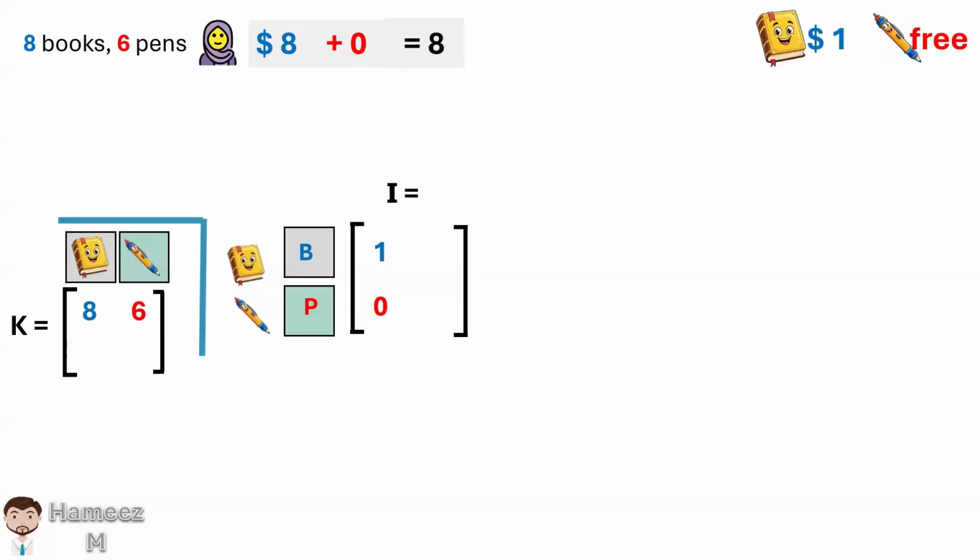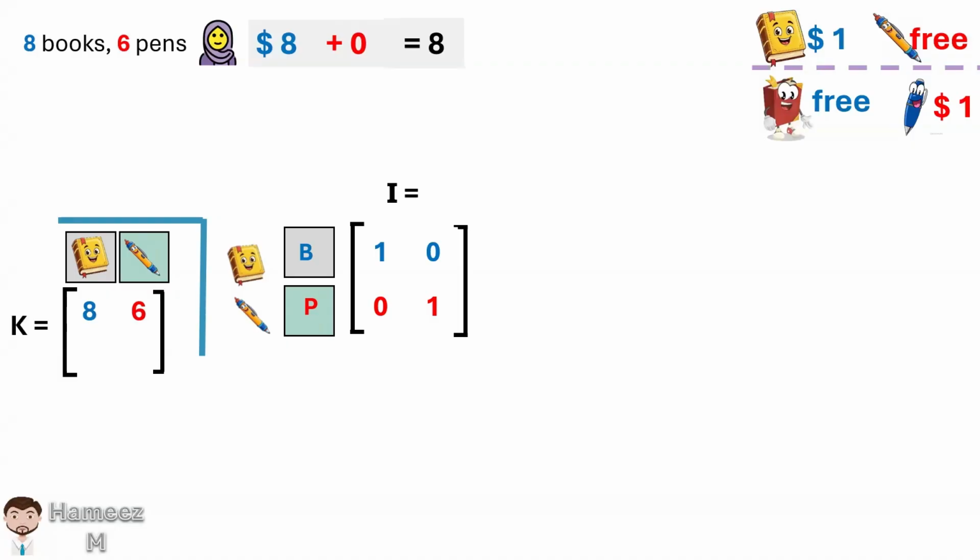Now let's consider if we had a second bookstore. Then in that bookstore, they had a special where the books were free and the pens were not. They were $1. Then we could put it in here so that in terms of cost, we actually have a 1001 matrix, which is an identity matrix.